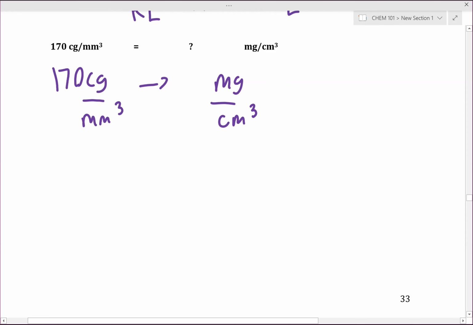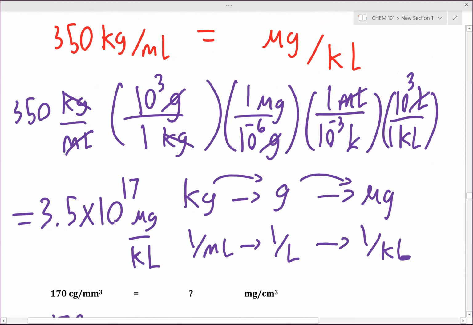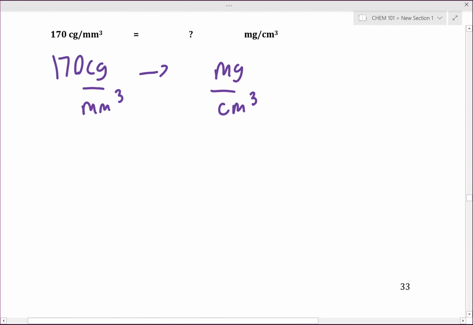One correction on the first problem that we discussed. Oh, no, that's correct. I see now.